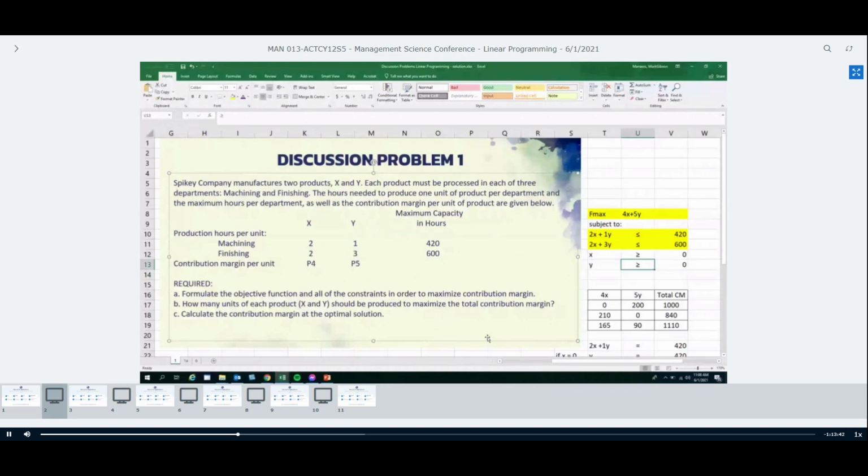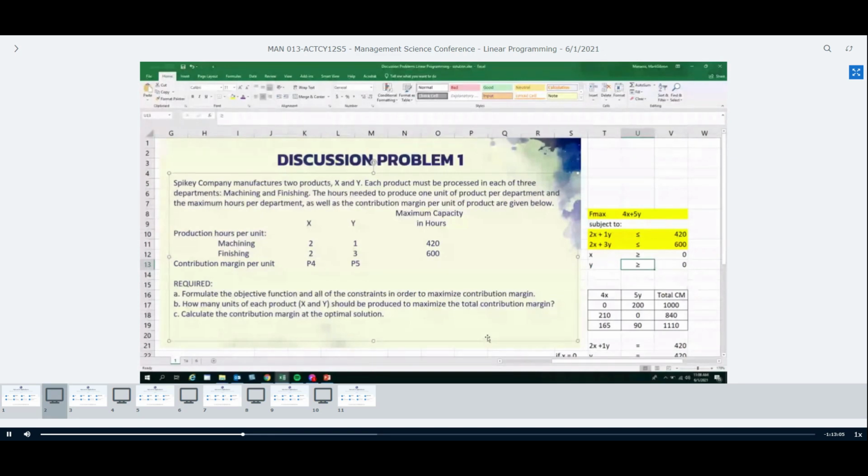Kanina, sinabi ko na objective function could be to maximize your revenue, maximize your profit, of course, minimize your cost. Yun lang naman palagi ang pinag-uusapan natin. So remember in our cost volume profit analysis, there are factors contributing to the increase or decrease of your revenue and costs. So that's also the same principle here in linear programming.